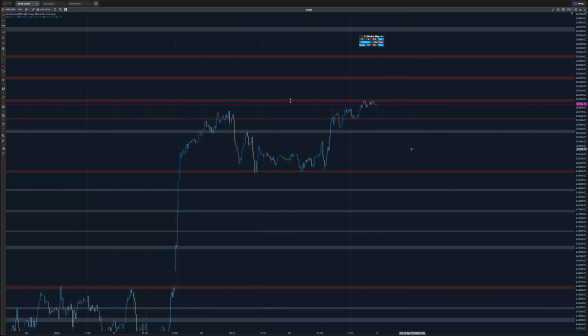In terms of locations, we had a lot here where it was resistance, and then here it became support. I like that location, and I'm going to mark it here. When the price comes back to that, it's highly likely that the market will show some kind of reaction.